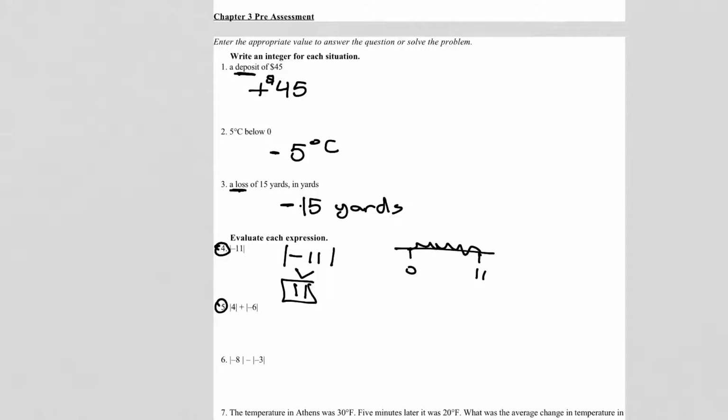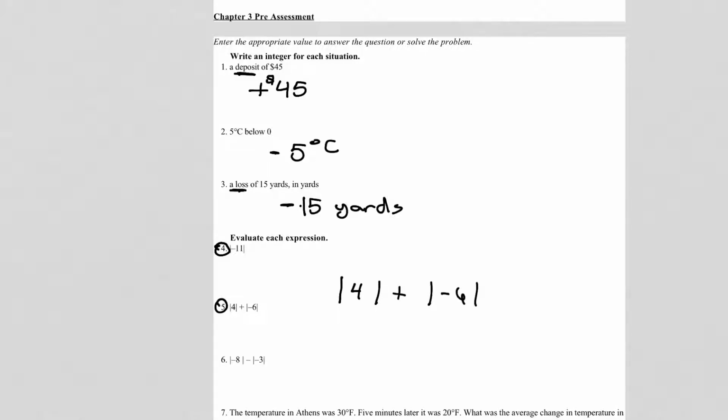All right, number 5, be careful with these. Let me erase some of this stuff here. All right, we want to be careful with these problems. The absolute value of 4 plus the absolute value of negative 6. We want to do the absolute value first.